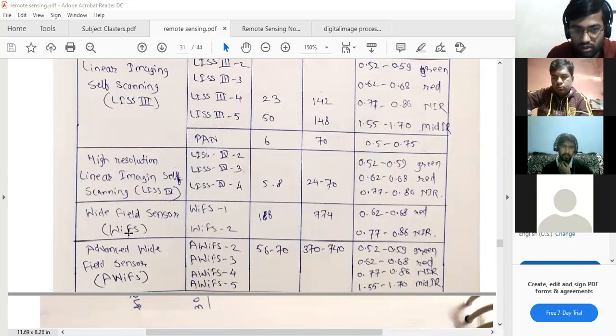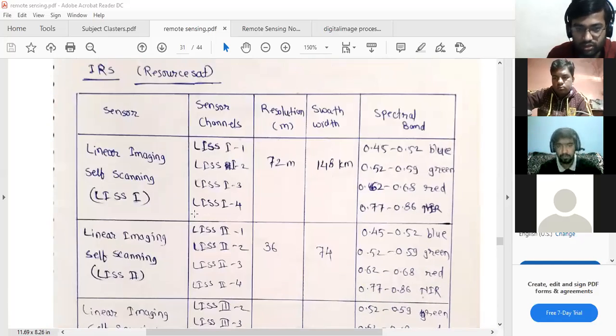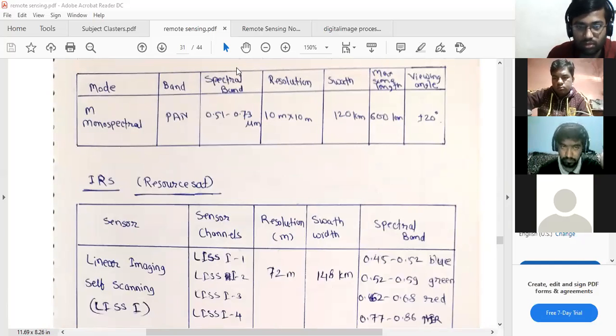Then WiFS, wide field sensor, and AWiFS, advanced wide field sensor. This table is important. Whether you do the rest or not, please read this. Mark this one important.